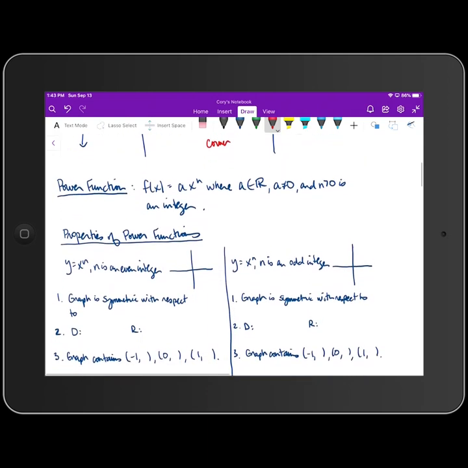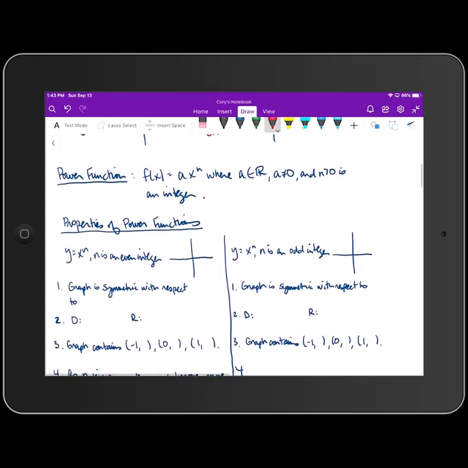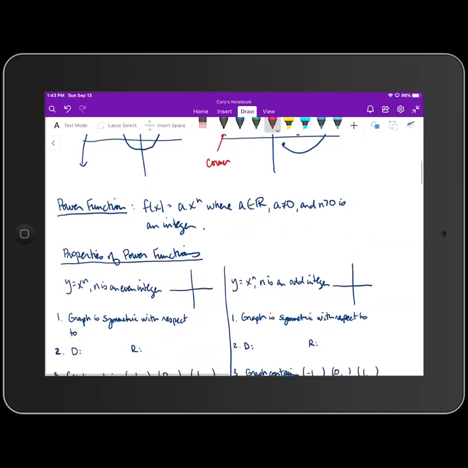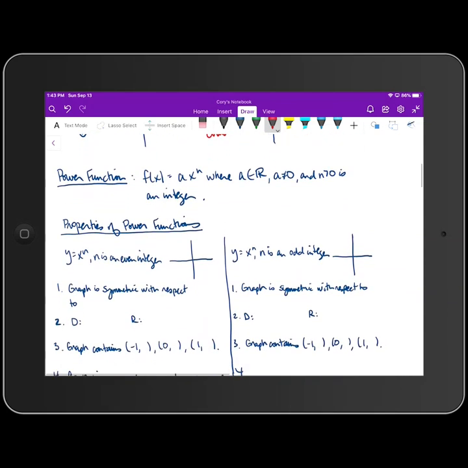Okay. So the next thing we're going to look at are what we call power functions. Power functions are defined as functions of the form f of x equals a times x raised to the n power, where a is a real number, a cannot be equal to 0, and n, which is greater than 0, is an integer.